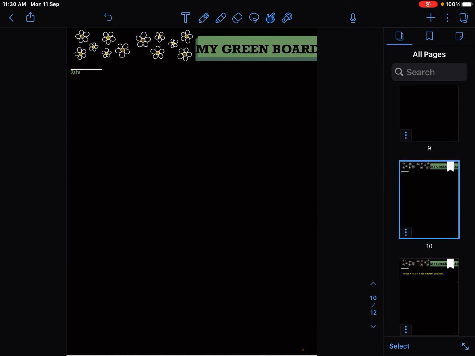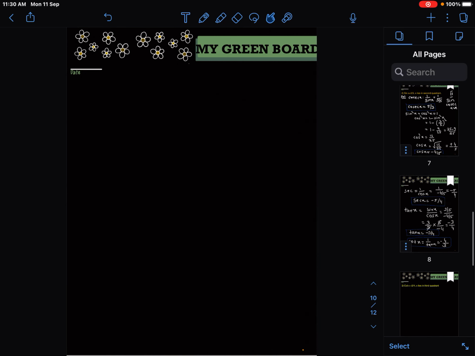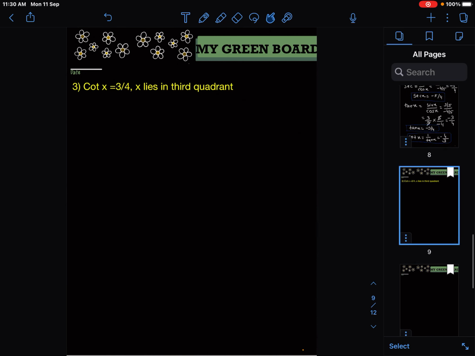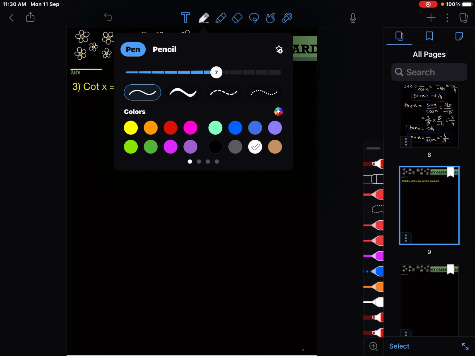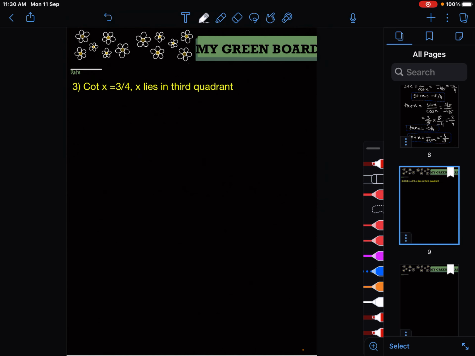So the next question would be: find the value of sec x, given cot x equal to 3 by 4, in which x lies in the third quadrant.